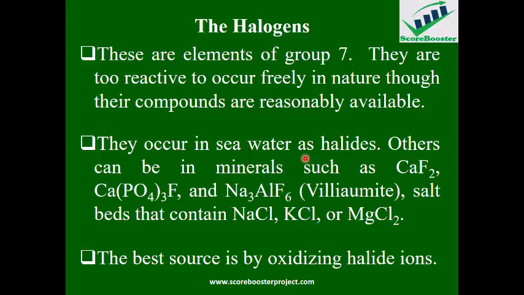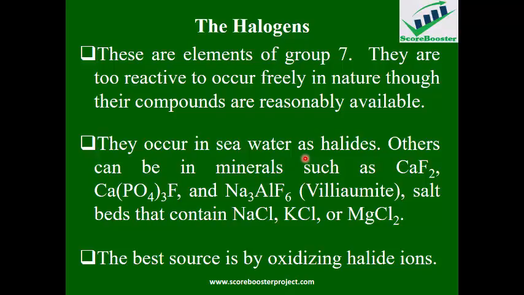Like group 1 elements that are reactive because they are metals, in the realm of non-metals, group 7 elements are also reactive. As such, they don't occur freely in nature, like sodium and potassium, because of their high reactivity. You have them in combination with other elements as compounds.